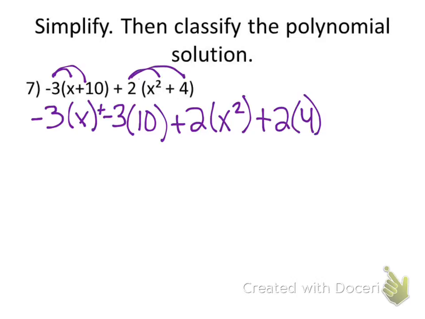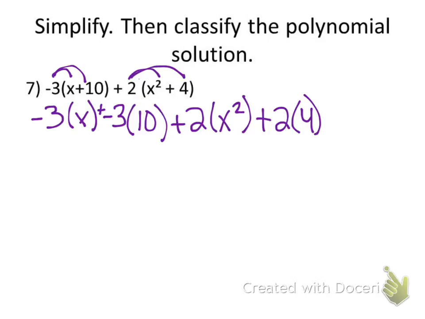Now, some of you won't need that purple line because you can do the multiplication in your head. But I just showed you there exactly what I'm multiplying by each term. The first two terms, the x and the 10, are being multiplied by a negative 3. Back here, the x squared and the 4 are being multiplied by a positive 2.